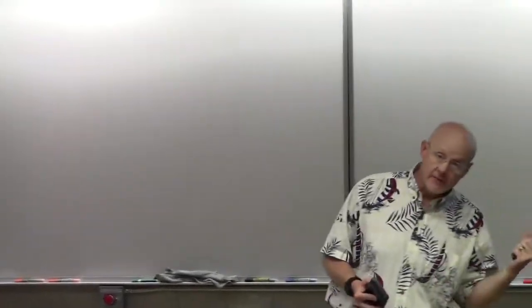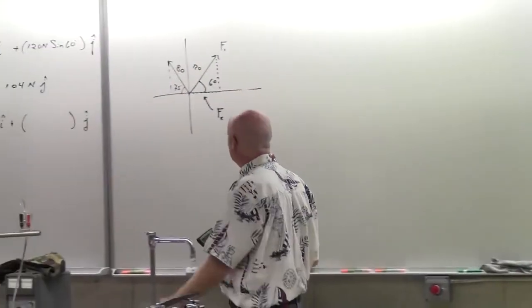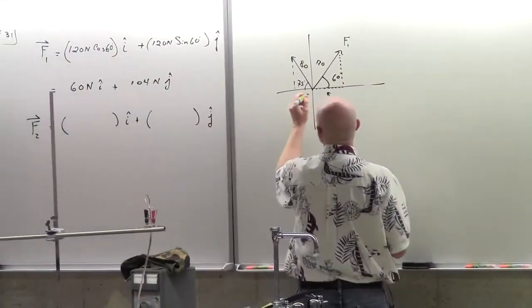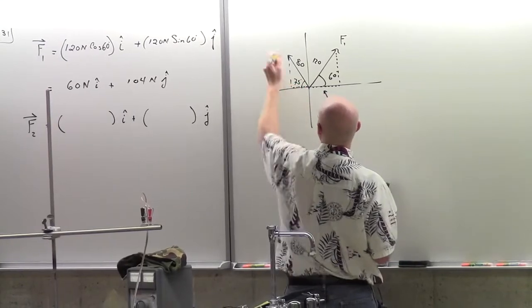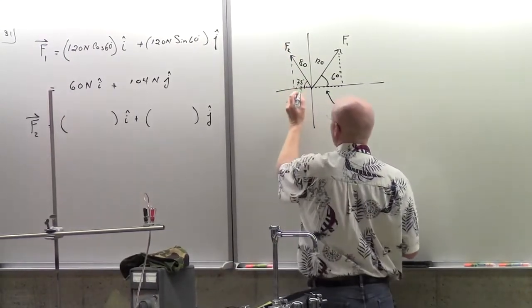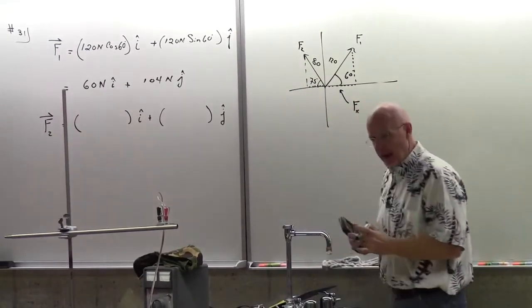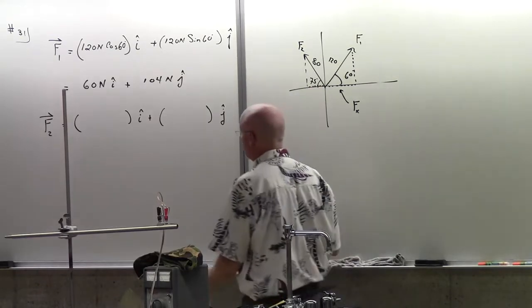And so they've given me the numbers in what I would call polar coordinates, but I'm going to convert them into Cartesian. So in this case, making a little triangle out of force number 2, I would say that the X component is adjacent to that 75 degrees.